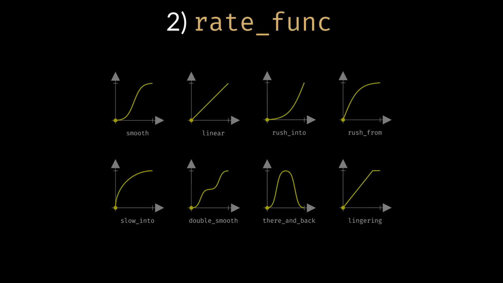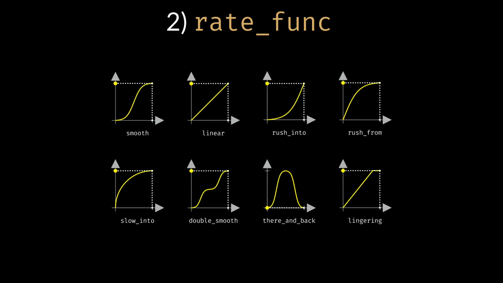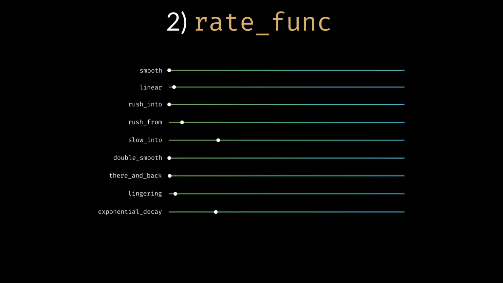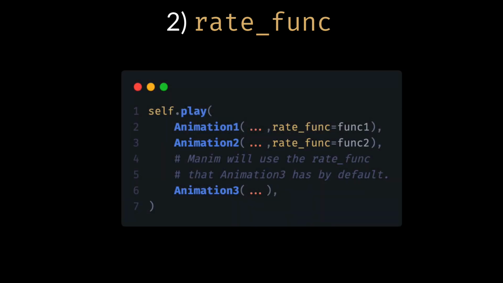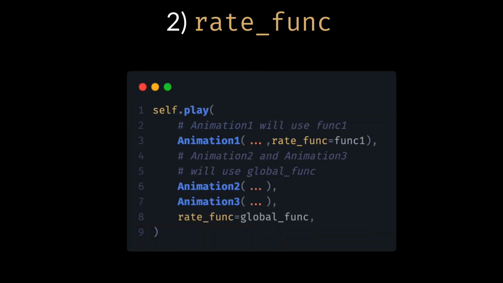2. Rate func. It is the function that indicates the behavior of the animation. There are already several defined rate functions, and we will study them in depth in Chapter 5. The same rules apply as for runtime, that is, you can define a rate function to each animation or to the entire scene.play method, and Manim will take as priority the one that is explicitly defined in the animation class. 3.